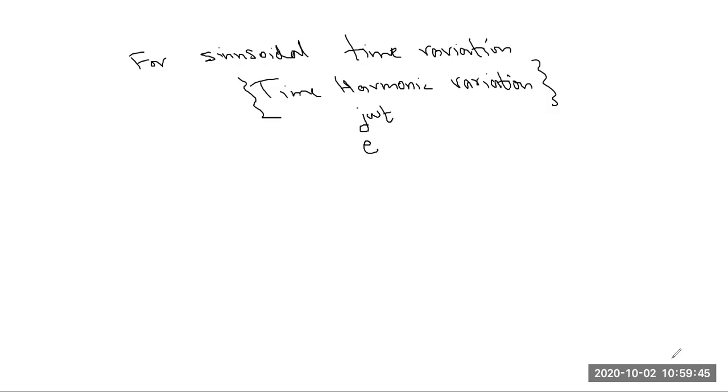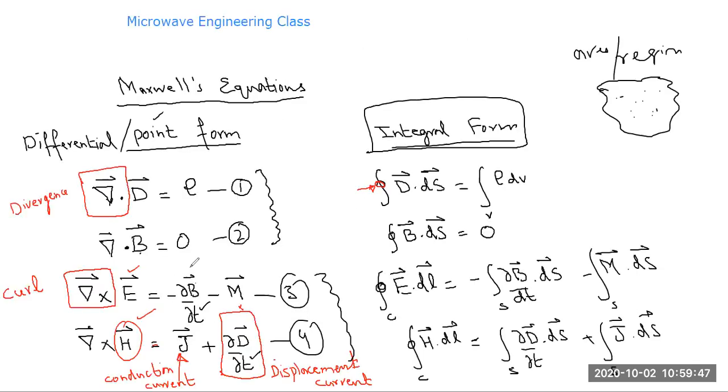So if you go back to this equation, we will assume that all of these quantities, the electric field E, B, and M, will be changing sinusoidally. Similarly in the fourth equation, H, J, and D, the vector quantities, all of them will be changing sinusoidally.